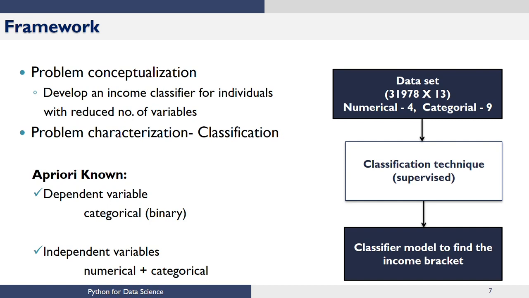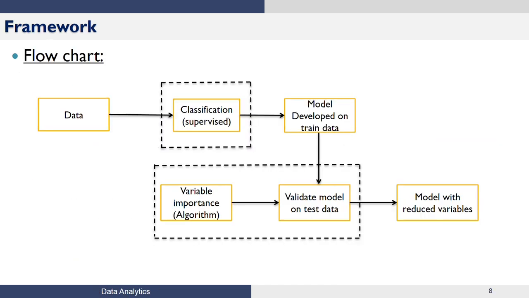So, basically we are going to supervise our learning algorithm, so that it learns the given characteristics of the data. So, a priori we know the dependent variable, which is categorical binary, and also the independent variables, which are a combination of numerical and categorical variables.